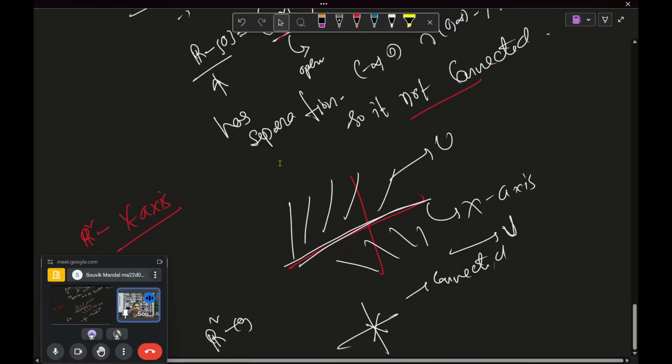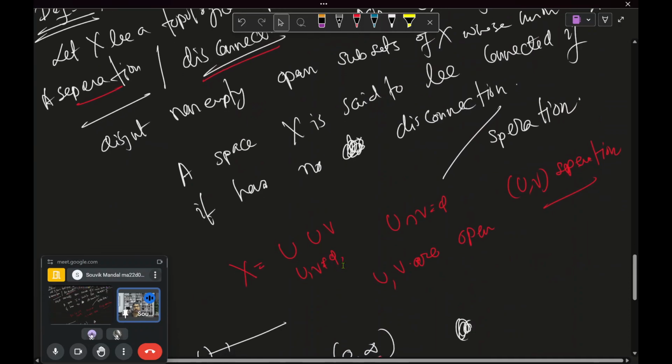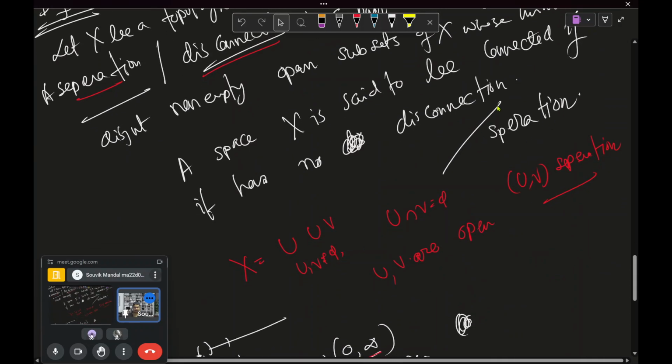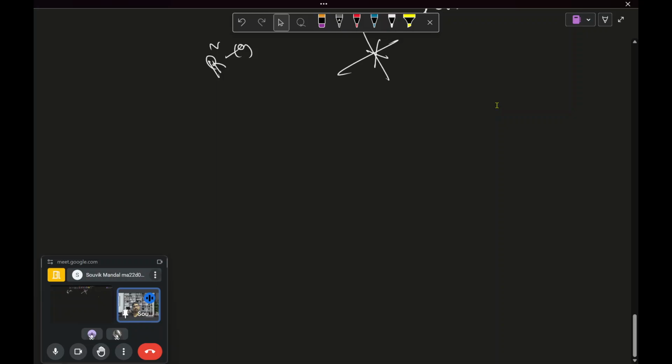Okay. So this is one definition of connectedness, that a space is said to be connected if it has no disconnection or separation. There is another equivalent definition of connectedness.